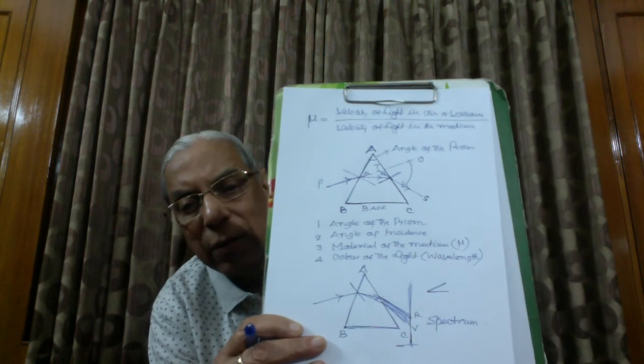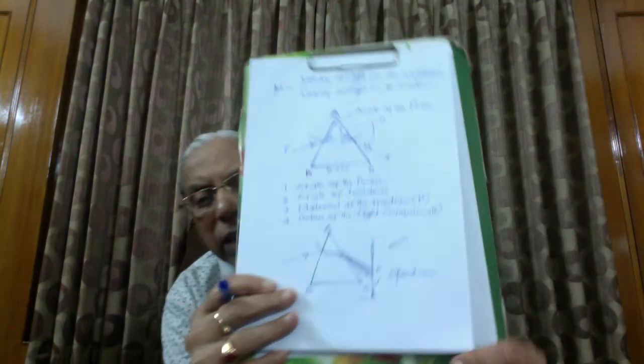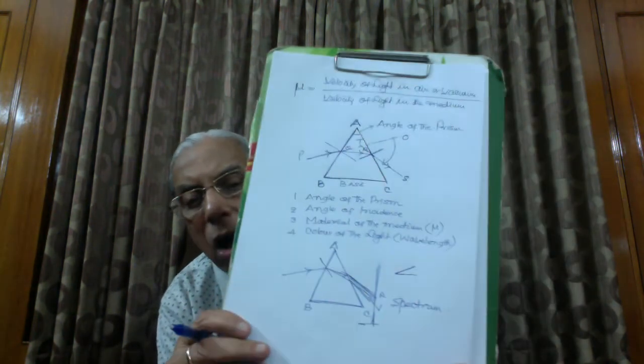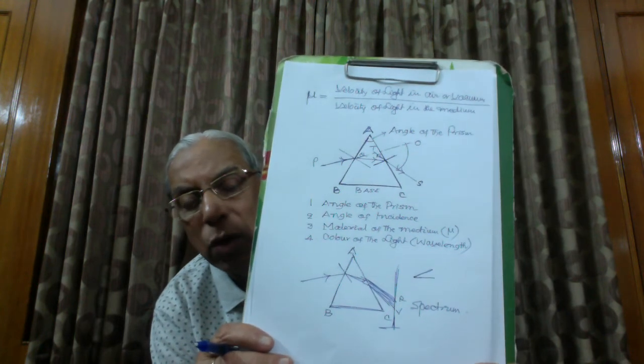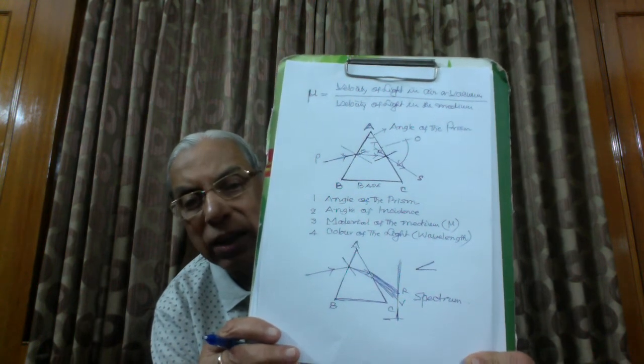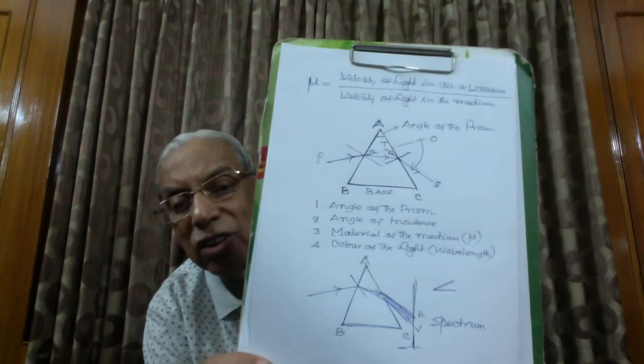When you take a divergent beam of light and you make it incident on the prism there, all the rays present in that light will not be incident at the same angle of incidence. Angle of incidence changes, correct?